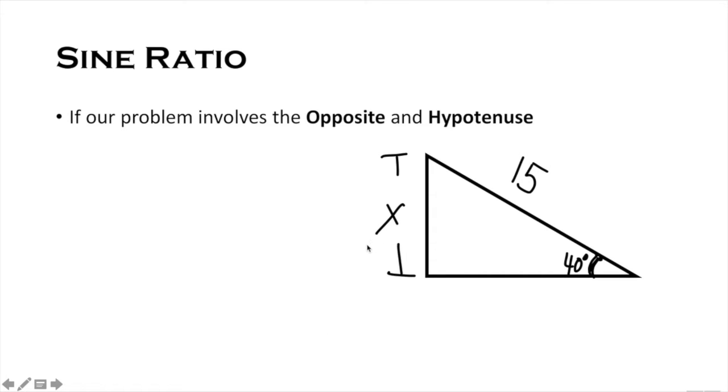Okay, well, based off this information that we have here, think about what we are looking for. We are looking for a side that's over here, and we know that the reference angle, which is 40 degrees, is located in a spot so that the side that's opposite to this reference angle is the unknown quantity that we're looking for, and we'll call that the opposite side since it's located opposite to the angle.